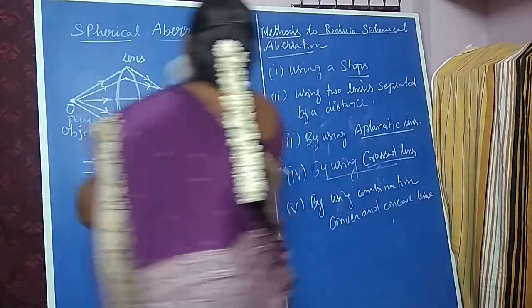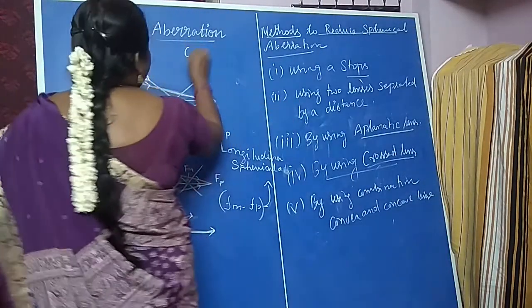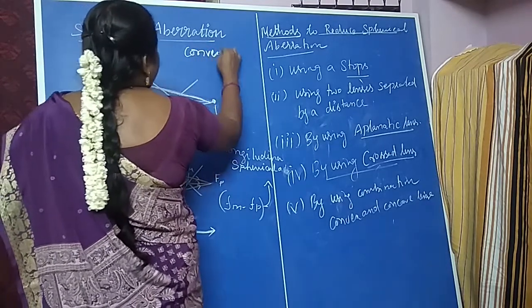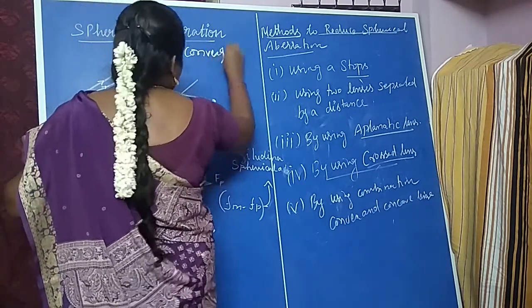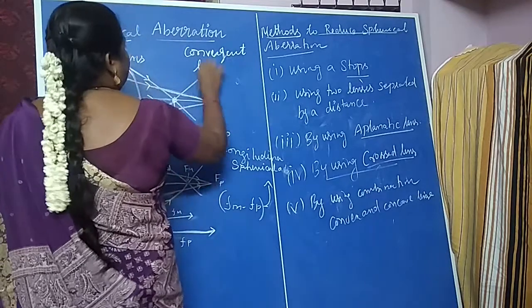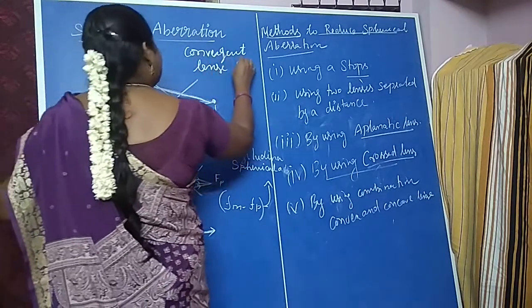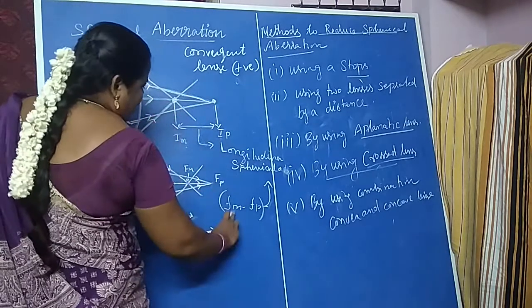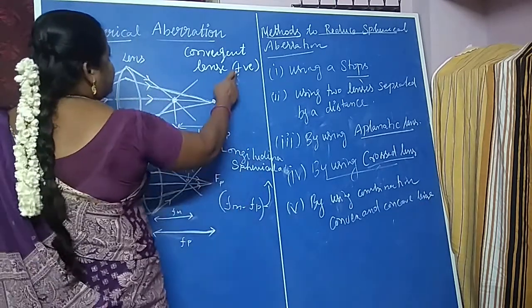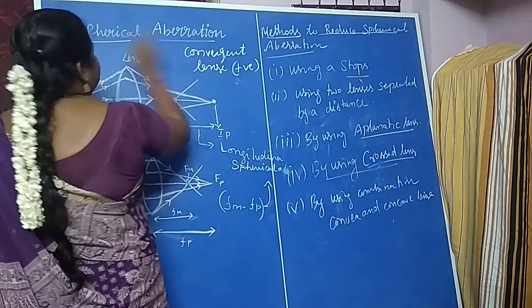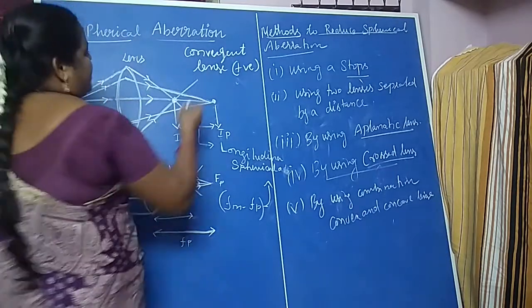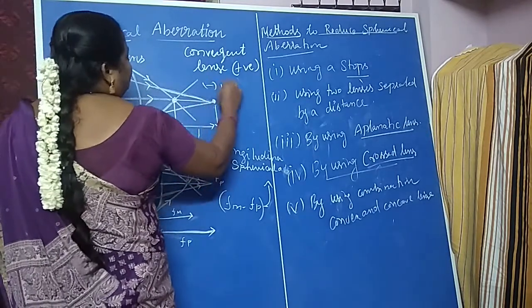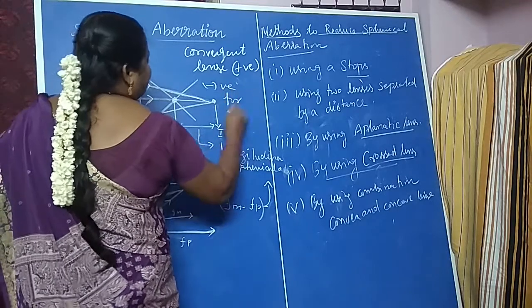The spherical aberration for a convergent lens is taken as positive. The value of FM minus FP is positive for a convergent lens, whereas it is negative for a diverging lens.